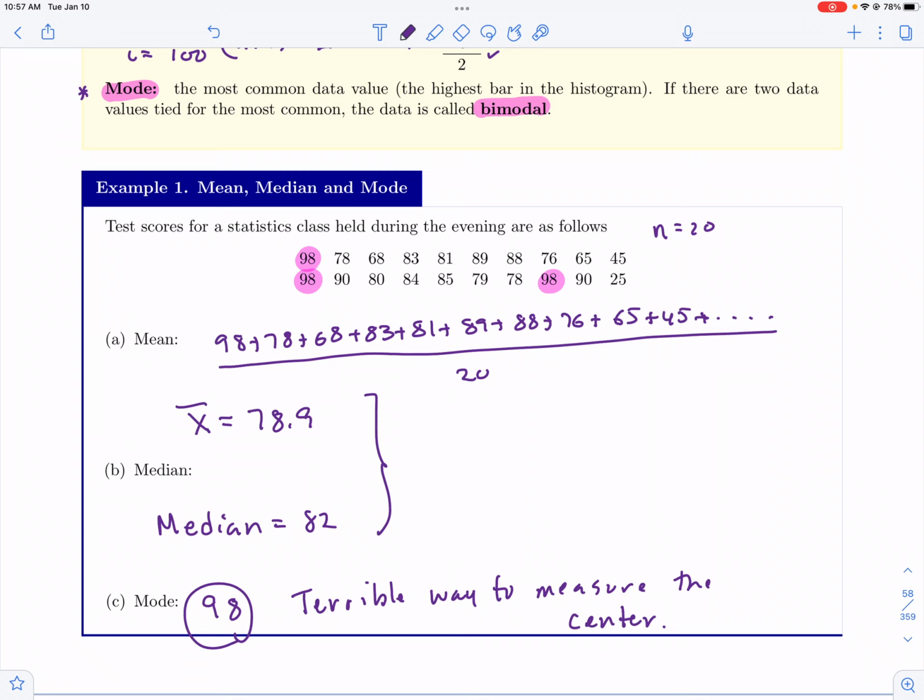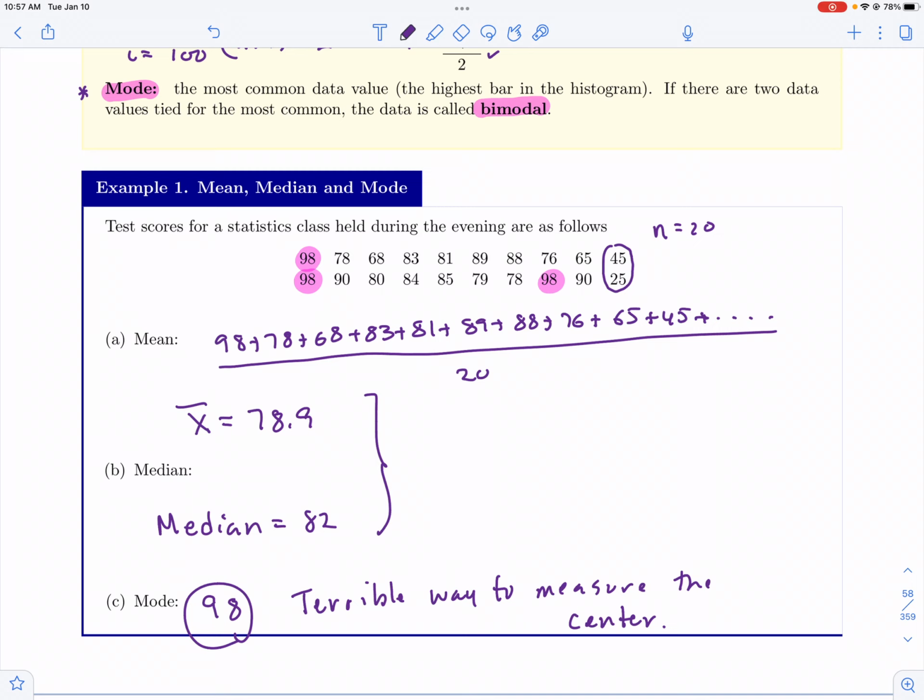Our mean and our median are pretty close together, and the reason they're different, if you remember the problem we did talking about those outliers, is the way the average is calculated. The average takes all 20 of these values, adds them up, and then divides by the total.